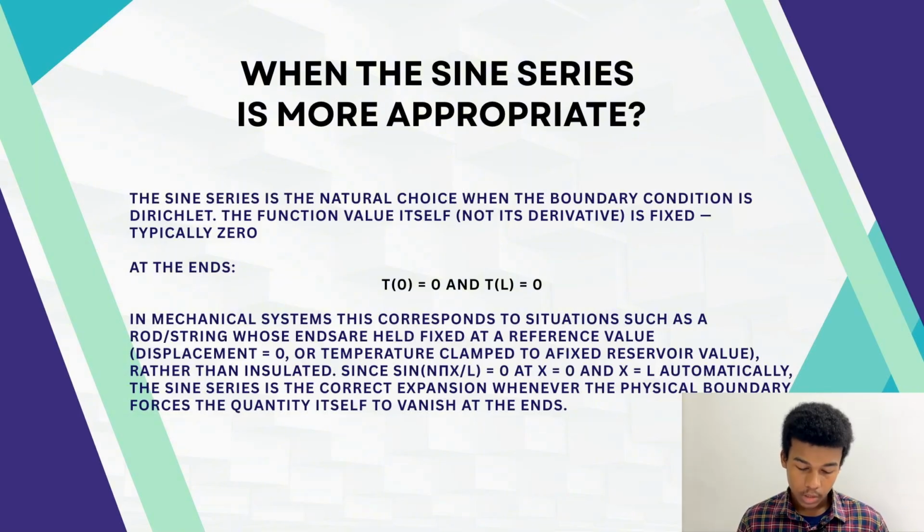In mechanical systems, this corresponds to situations such as a rod or string whose end is held fixed at a reference value, like a displacement equals 0, or a temperature clamped to a fixed reservoir value, rather than an insulated one. Since sine nπx over L equals 0 at x equals 0 and x equals L automatically, the sine series is the correct expansion whenever the physical boundary forces the quantity itself to vanish at the ends.